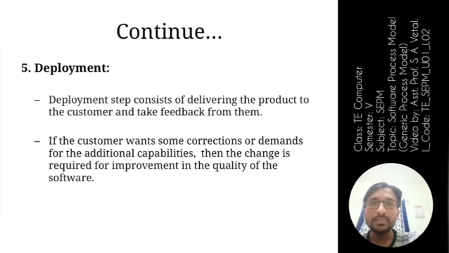By following these 5 activities and the tasks that come under them, we can develop a software. And the same flow of process is known as the generic process model. So this is all about the generic process model.